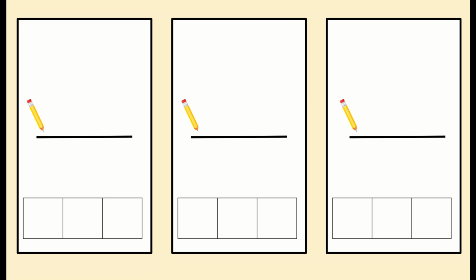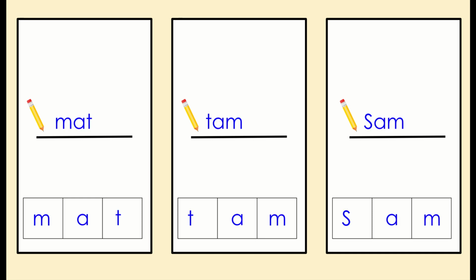Now let's check to see how you did today. The first word was the word mat. At. You should have written the letters M-A-T for mat. Now let's check the next word. Tam. Am.